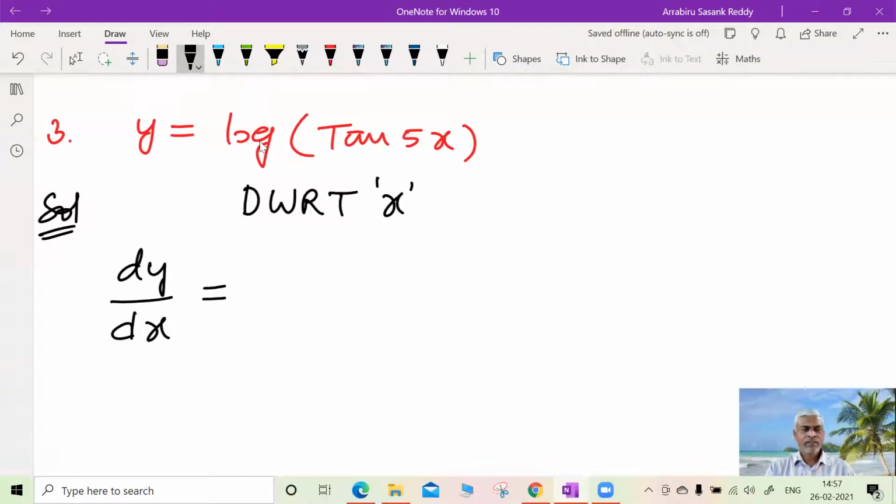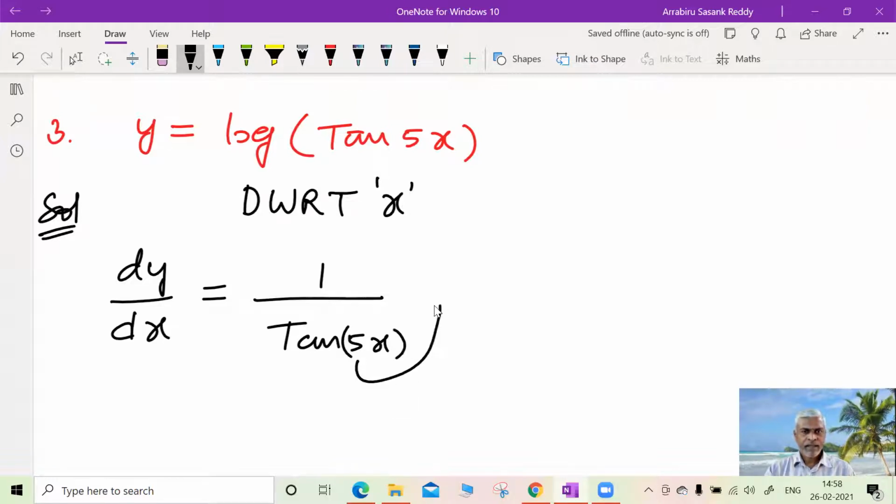So log, you think of it as log x function. Log x differentiation is 1 by x. Here in place of x, tan 5x is there. Again, differentiation of tan 5x.